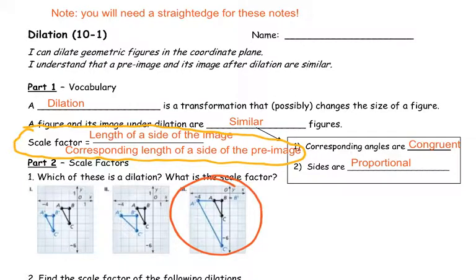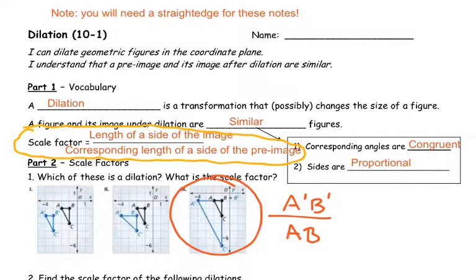And now our job is to find the scale factor. So I'm going to take the length of a side of the image. So the image is A prime B prime. And I'm just choosing that side at random. I could choose any side. Divided by the length of the side of the pre-image, which is side AB.